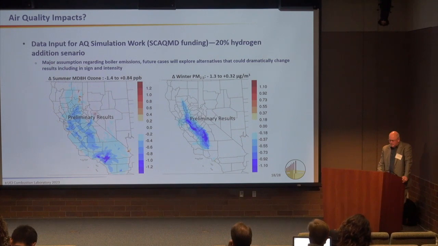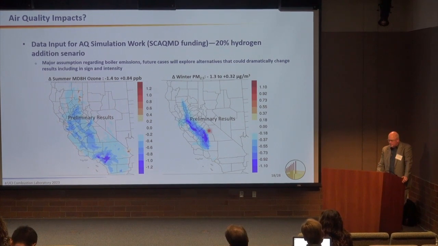What we're looking at here are simulations of the air quality change when we put in 20% hydrogen into these appliances that are located everywhere throughout this state, according to ArcGIS and other kinds of data inputs. And what you can see, the blue represents decreases in ozone. Over on the right, these are decreases in PM 2.5 with 20% hydrogen.